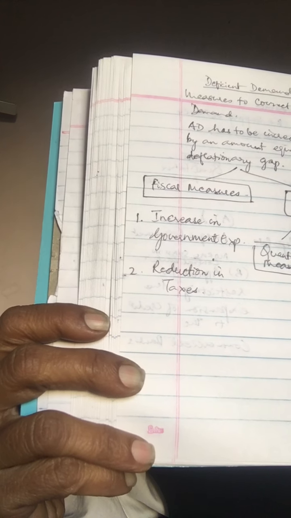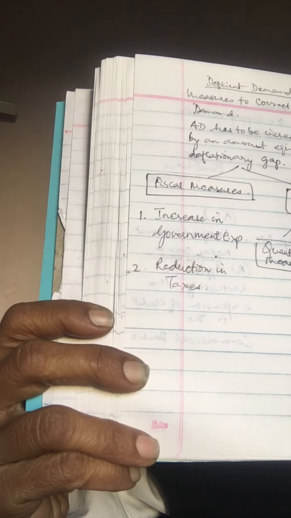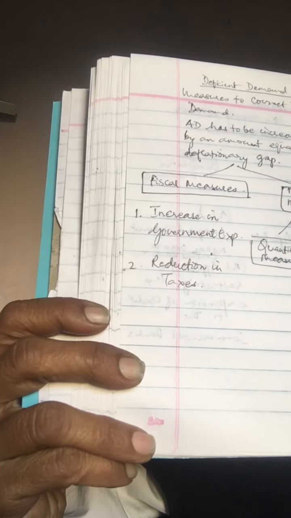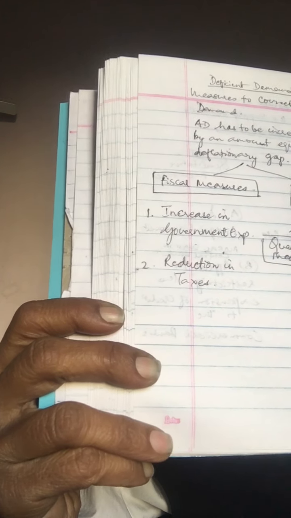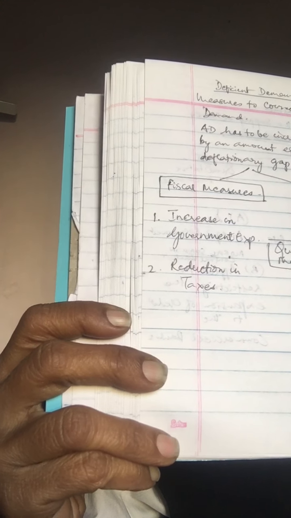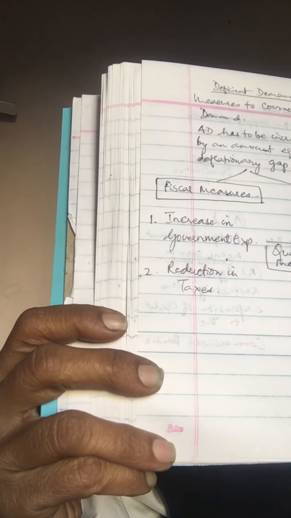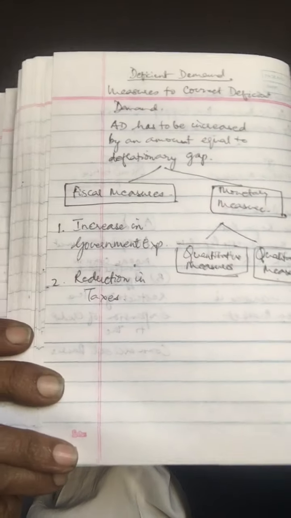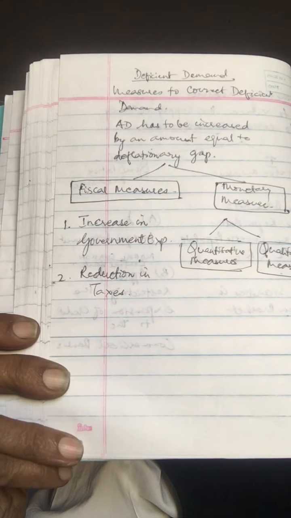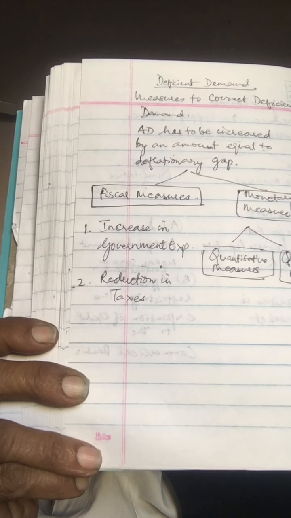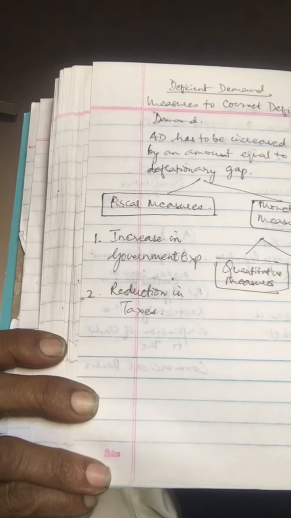So in the figure, when government increases its expenditure, then what happens? The aggregate demand curve will shift upwards. So if the government expenditure is increased to the extent of the deflationary gap, it will bring the economy to full employment equilibrium. Sometimes in some of the diagrams you will also get C plus I plus G, just to make sure that only when you introduce G will it go up.